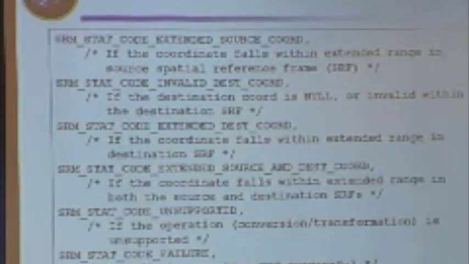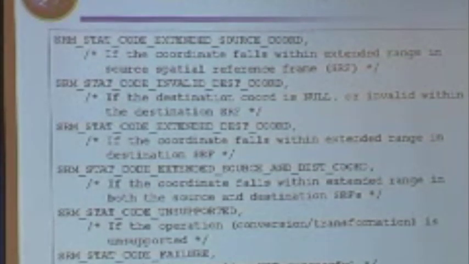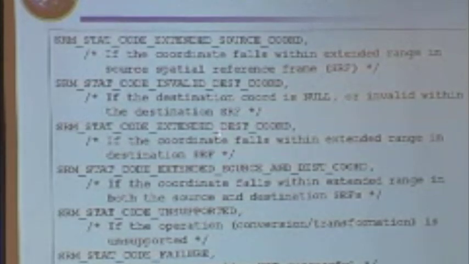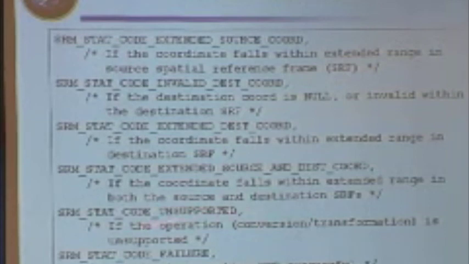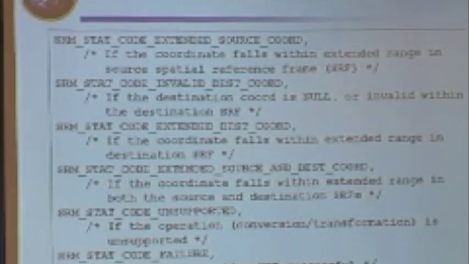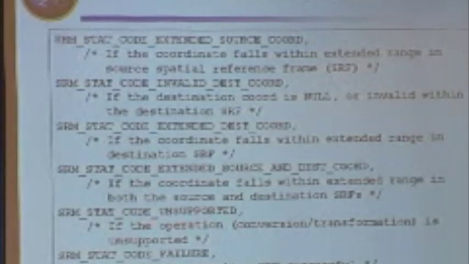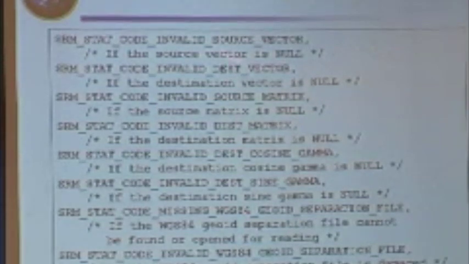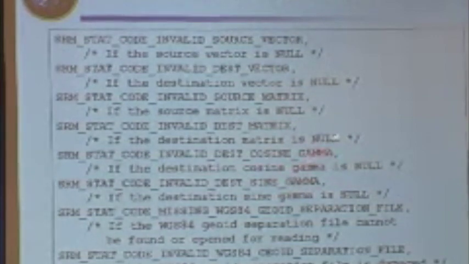You're not in the valid zone, so be careful. And it could be an operation that we don't support. And you saw the little circle of slashes of the ones we don't support. There's more. And these are for the vector and matrix ones. Gamma is for the convergence of the meridian. Geoidal separation, which we had talked about.